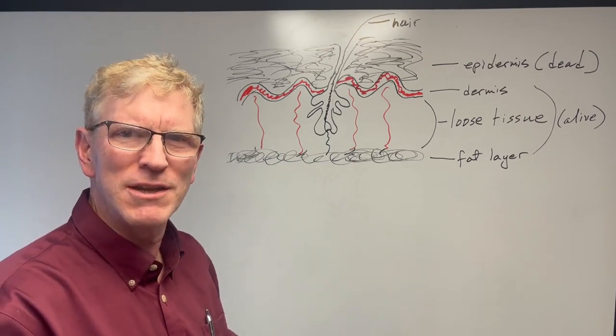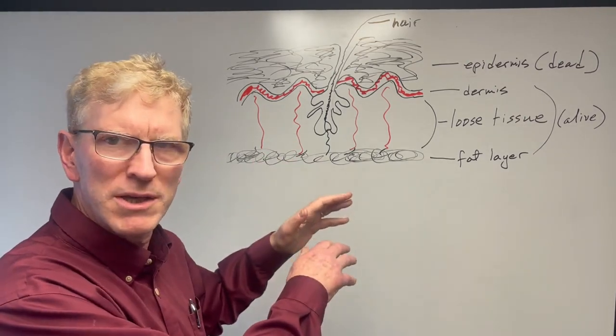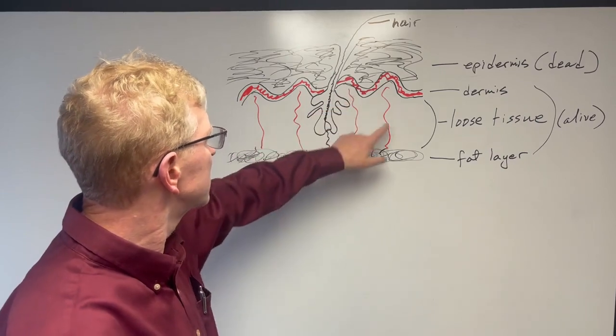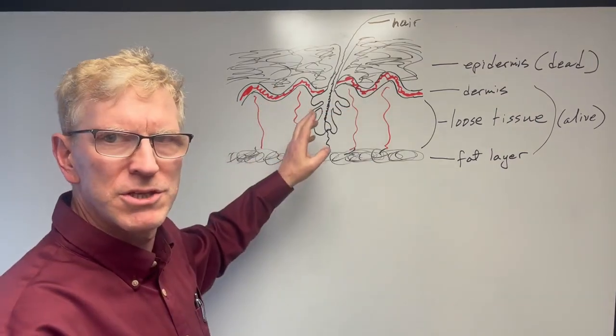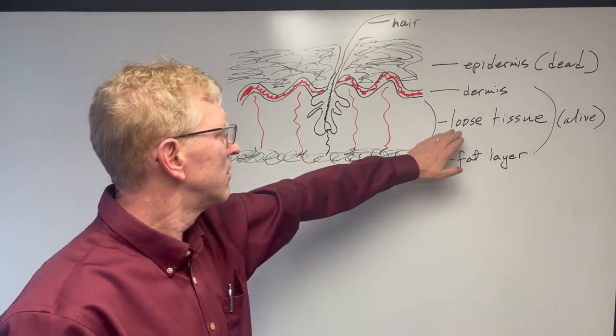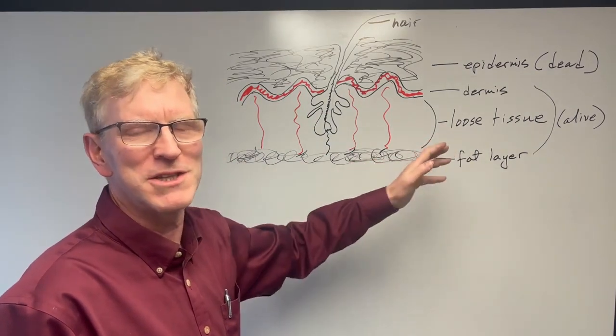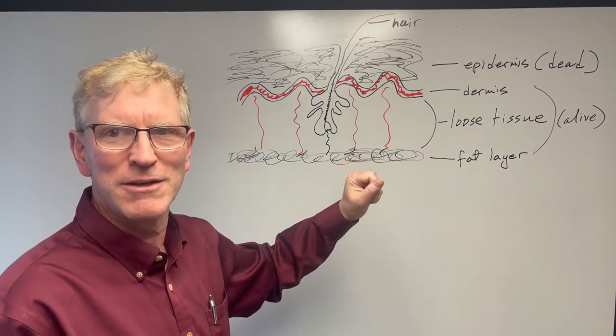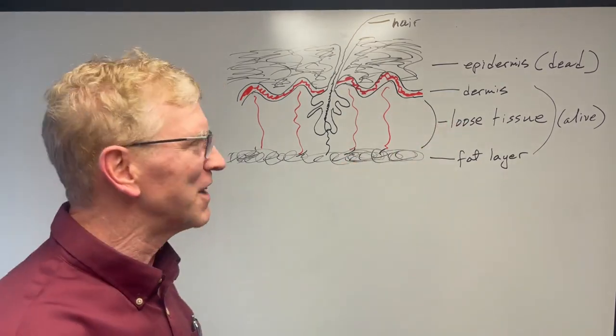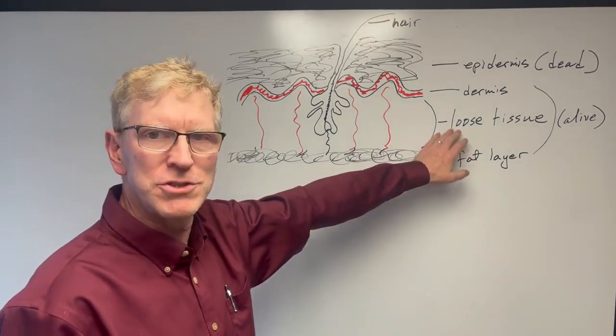It has collagen in it and things, but it can slide quite a bit. And there are blood vessels that come up through that tissue. And there's a fancy name for this, but I'm going to just say loose tissue, because the fancy name basically means in Latin loose tissue. And so we'll just use that term. But that's living tissue too.